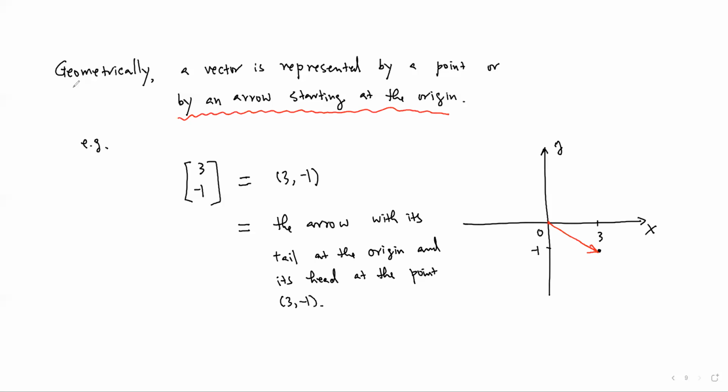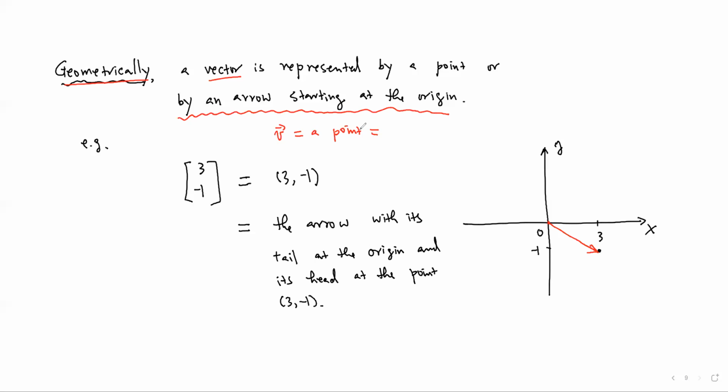So geometrically, a vector, say vector V, is equal to a point. Take a look at this example. This point, the x coordinate is 3, the y coordinate is negative 1.